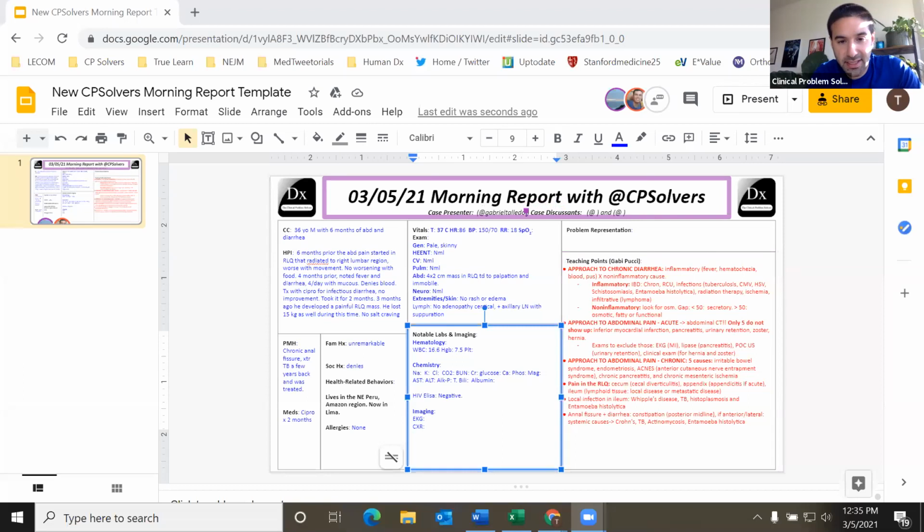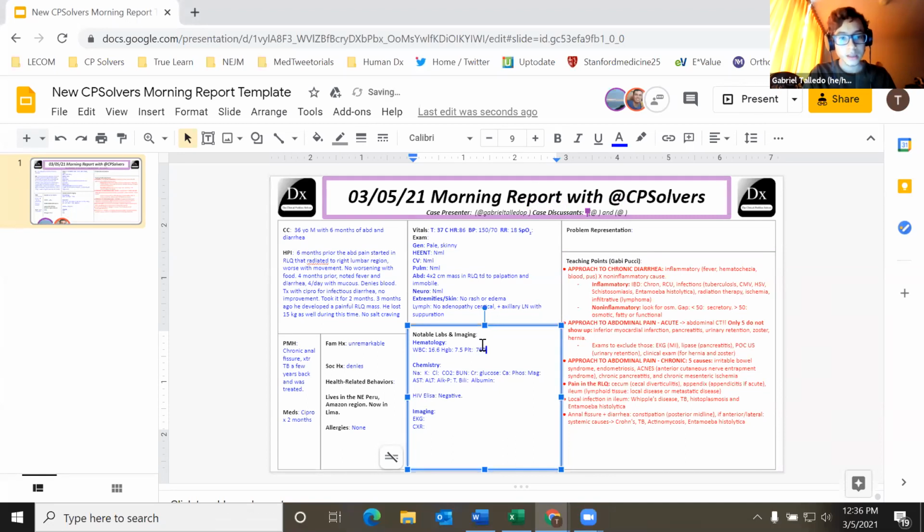So white count, the hemoglobin 7.5, is that what we got, Gabrielle? Yeah, and white count was 16.6. And platelets, 760,000. Reticulocyte count, 2%. Mean corpuscular volume, 84.